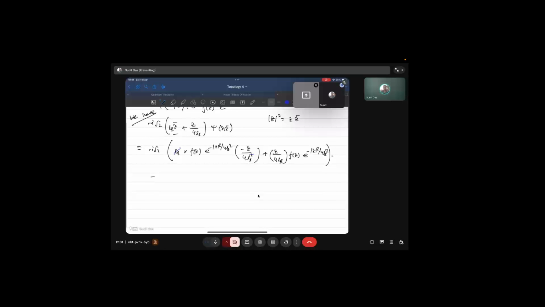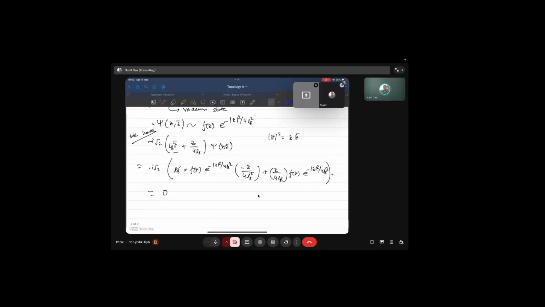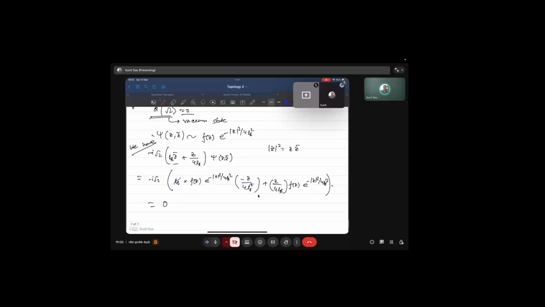If you find this, it will be 0, because this part and this part are the same. We have here minus z by 4 and again here also z by 4, and f of z is also common. So this vanishes, which is what we wanted. This necessarily means that this is a valid form of vacuum state, because it is annihilated by the lowering operator.